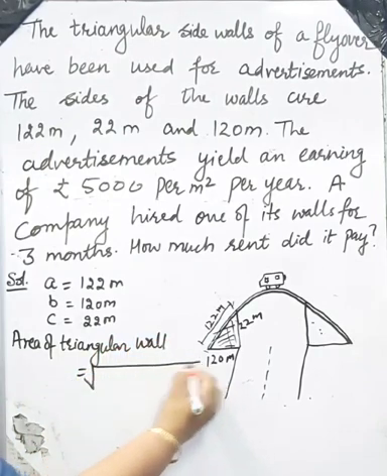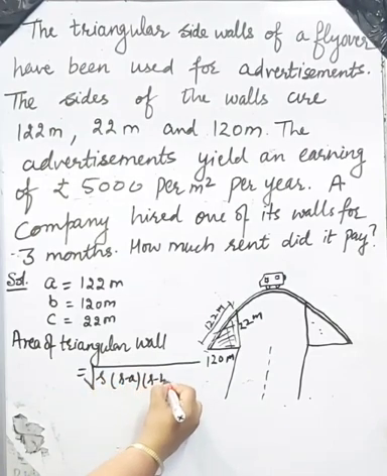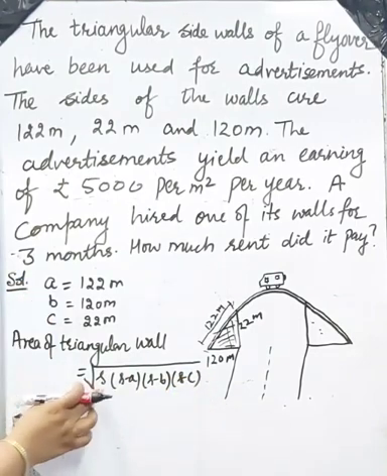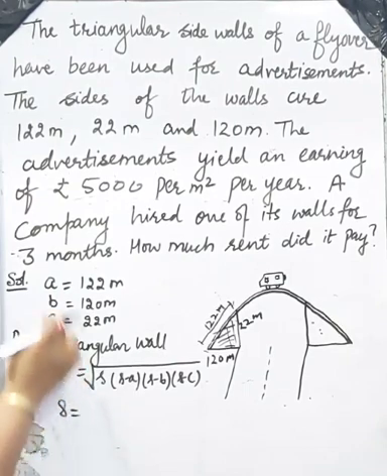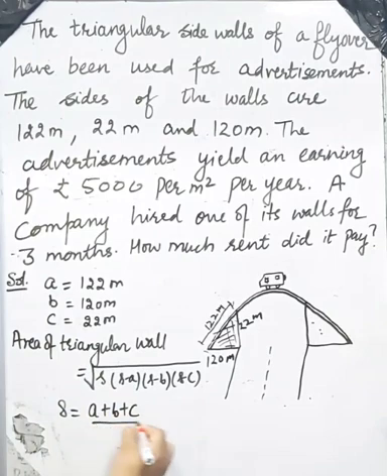Area of triangular wall equals under root s, s minus a, s minus b, s minus c. First of all, you have to find the value of s. s means semi-perimeter, that is a plus b plus c divided by 2.